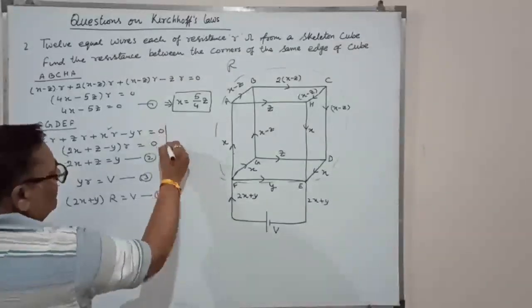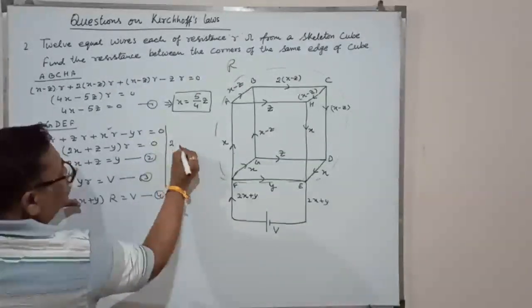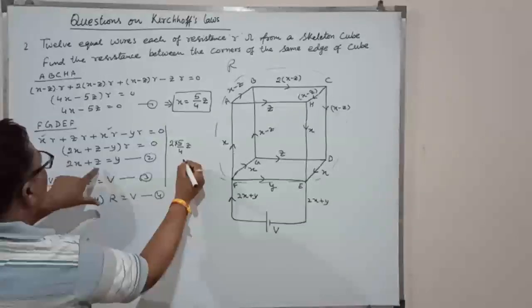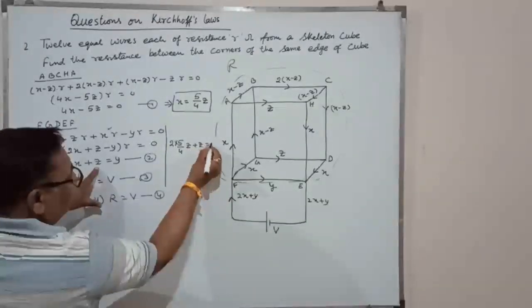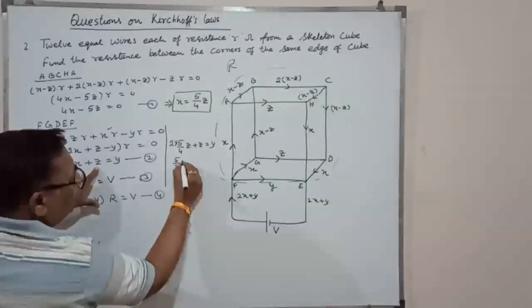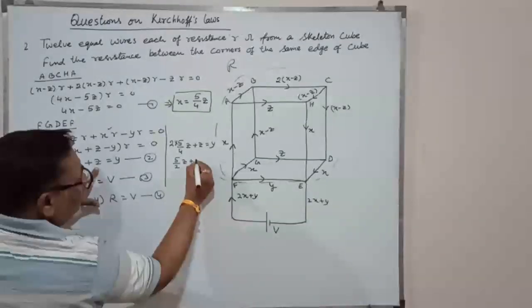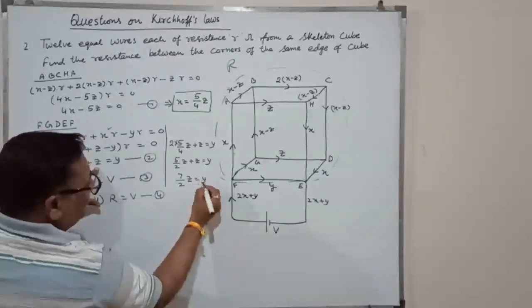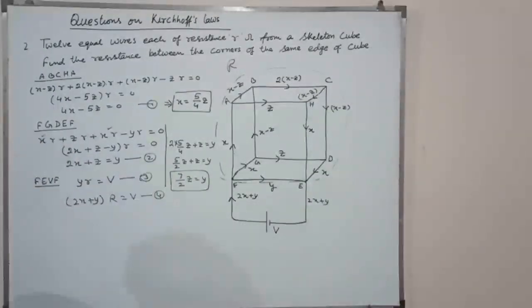From equation 2, 2x, 2 into x is equal to 5 upon 4 z plus z is equal to y, or 5 by 2 z plus z is equal to y. This is 7 by 2 z is equal to y. This is again the value of y. Here we have calculated the value of x and y in terms of z.